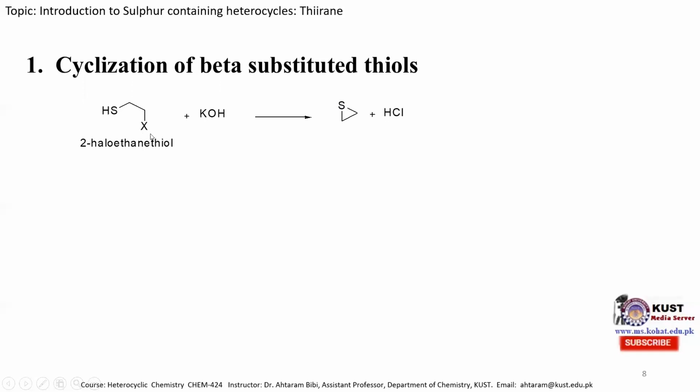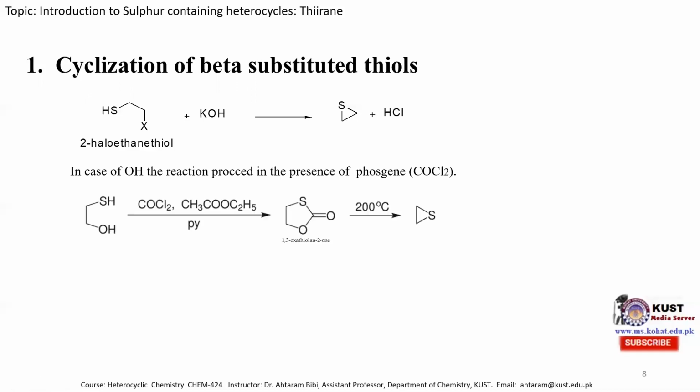But instead of halogen, if this X is a hydroxyl group, the reaction proceeds in the presence of phosgene, COCl2, and in the presence of ethyl acetate and pyridine as a base. And in this case, one can see that this 2-hydroxy thiol is treated with phosgene and ethyl acetate.